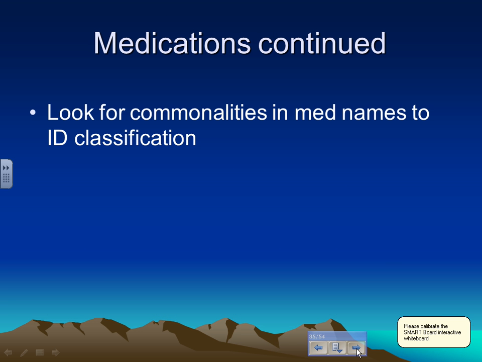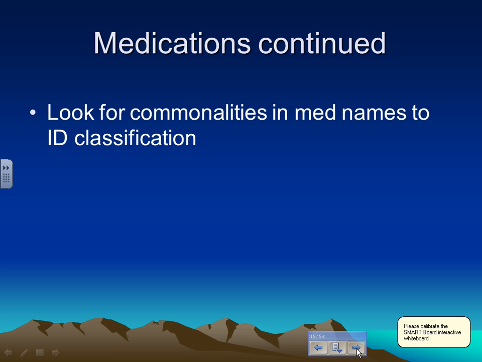Commonalities in med names identify the classifications. You know that the OLOLs are the beta blockers, the PRILs are the ACE inhibitors, the Mycins are antibiotics. So what you've learned about that particular class of medications, you can put into that question, because maybe the PRIL that they're using predominantly on the East Coast may not necessarily be the brand name of PRIL that they're using in California.